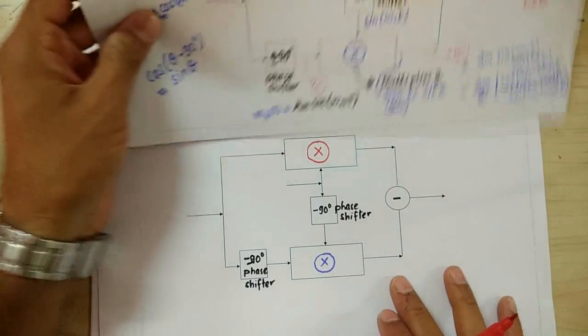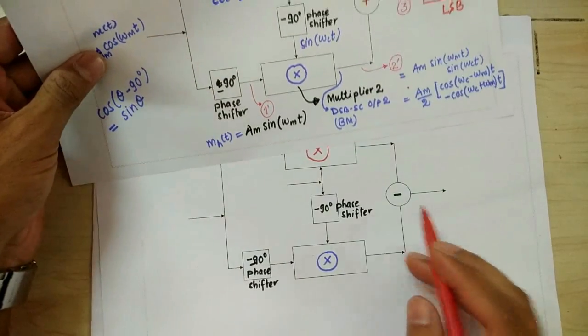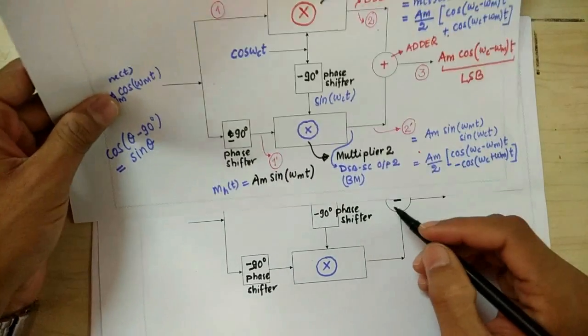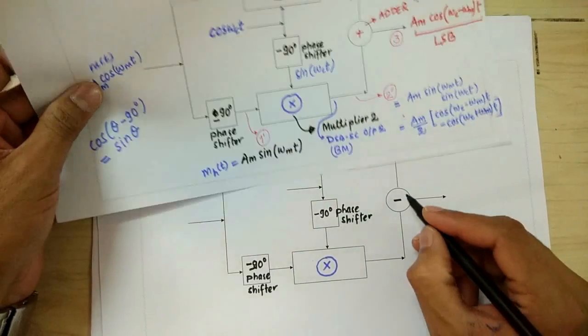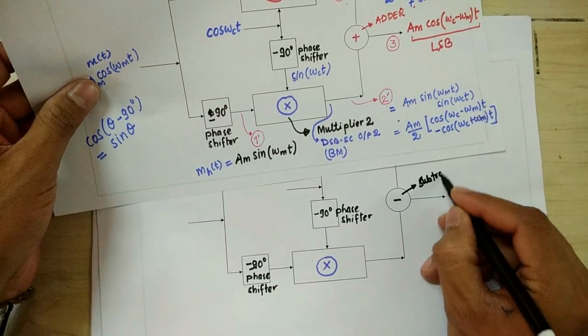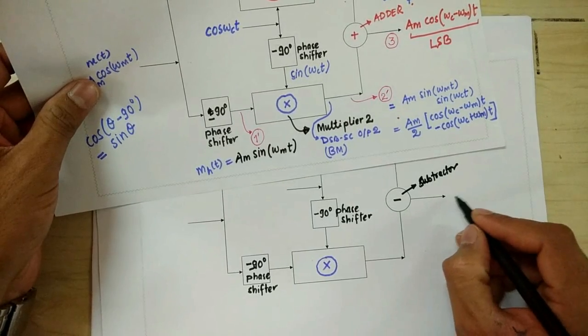If you see the same block diagram, but we use a subtractor instead of an adder to generate the USB signal.